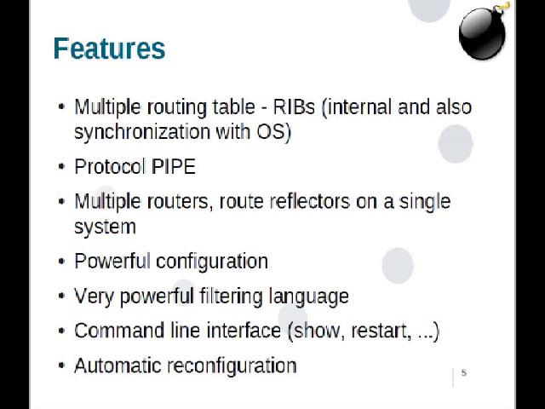And that brings me to a very important feature for route servers and such stuff. It's the automatic reconfiguration. BIRD goes through a configuration file. It is able to find differences between the new and old version, and then it reconfigures just the parts that have been changed.